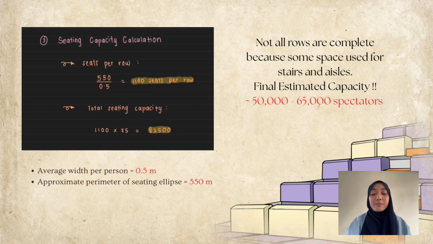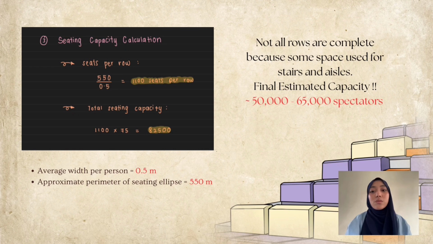Lastly, this slide presents the estimation of the Colosseum seating capacity. The average width required per spectator is approximately 0.5 meters, and the estimated perimeter of the ellipse is 550 meters. Dividing the perimeter by the width per person gives approximately 1,100 seats per row. With a total of 75 seating tiers, the estimated seating capacity is 82,500 seats.